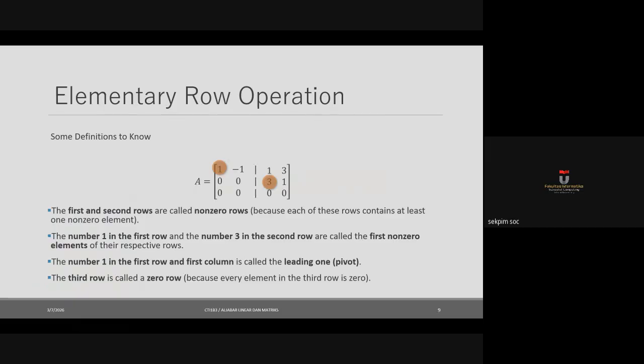This is the non-zero element of the first row, and this is the non-zero element of the second row. The number one in the first column we also call a pivot or leading one. This is very important. This is a pivot. And the third row is just a zero row because all elements are zero.